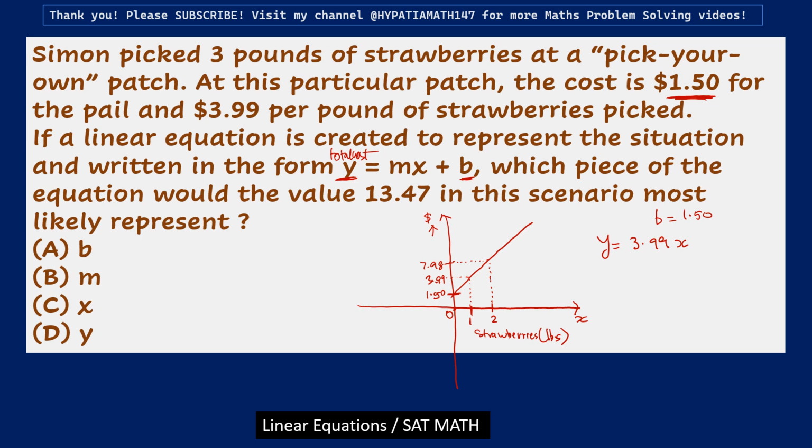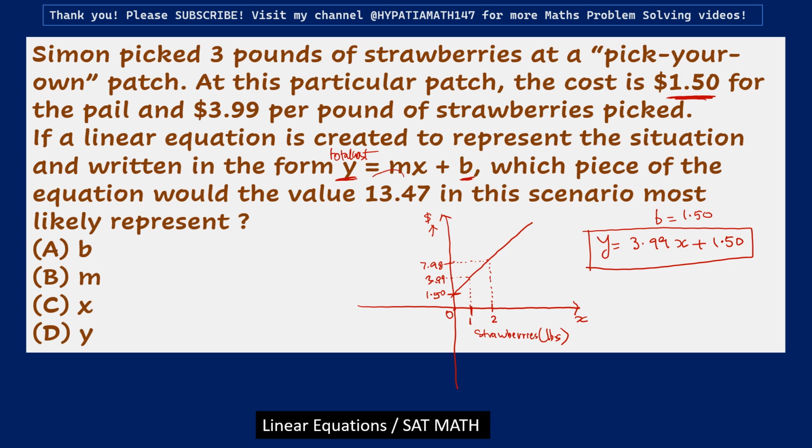The variable is telling you the pounds, the quantity of strawberries, plus $1.50. So this is the equation that represents this scenario.